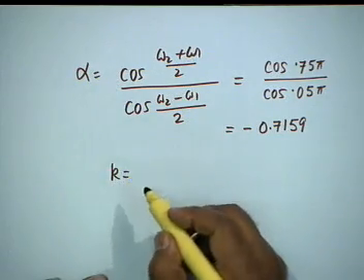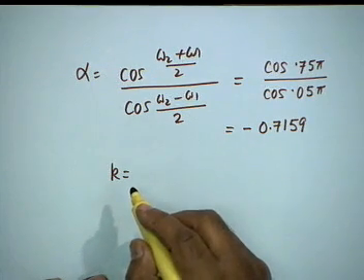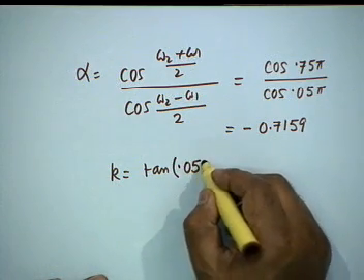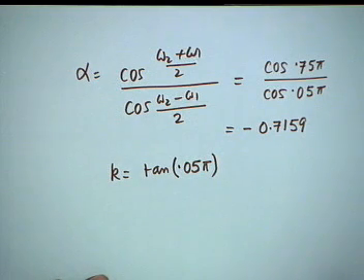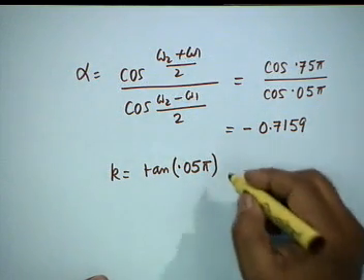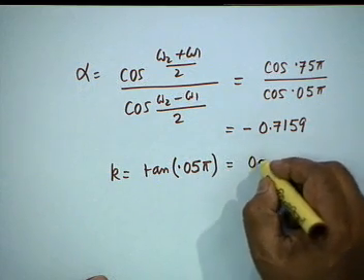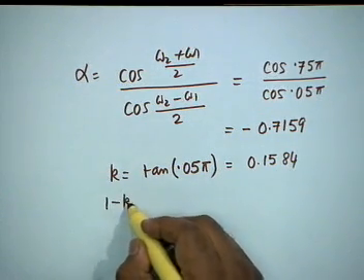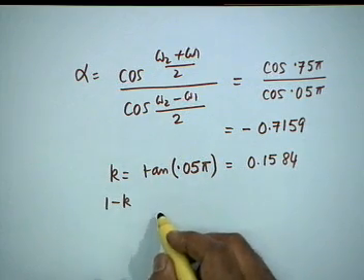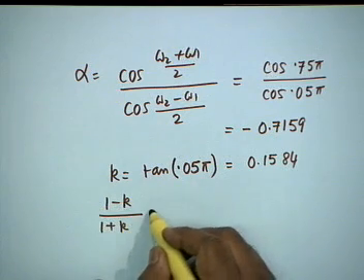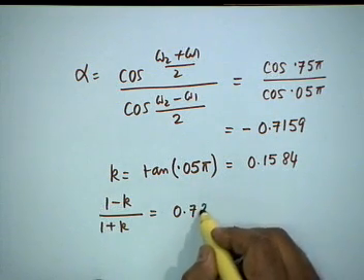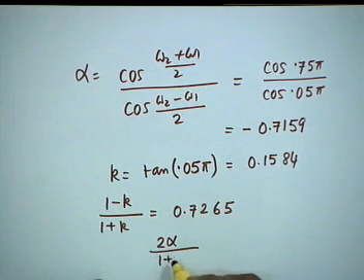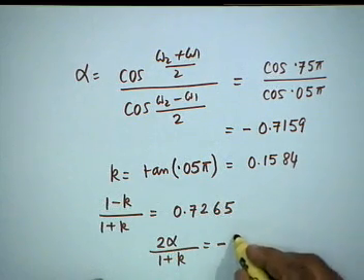Then k, instead of cotangent, the only difference is we shall have a tangent. Tangent of 0.05 pi. The other quantity is tangent of pi by 4, that is 1. So, this comes as 0.1584, and under this condition 1 minus k divided by 1 plus k calculates to 0.7265, and twice alpha divided by 1 plus k becomes minus 1.2361.